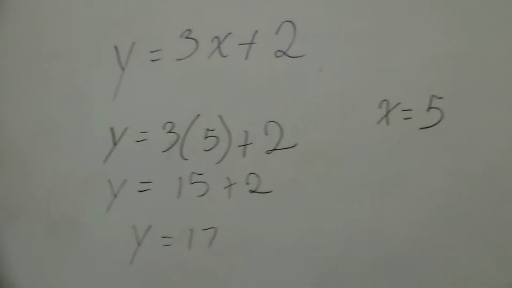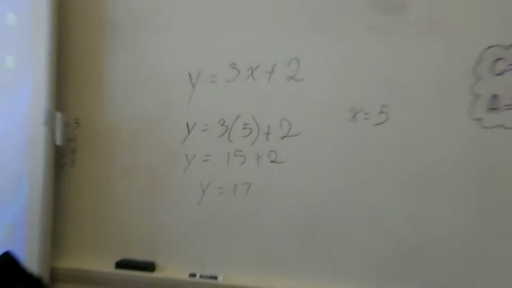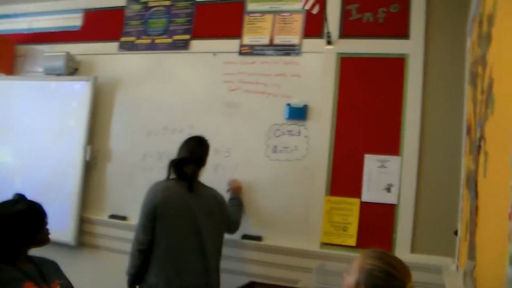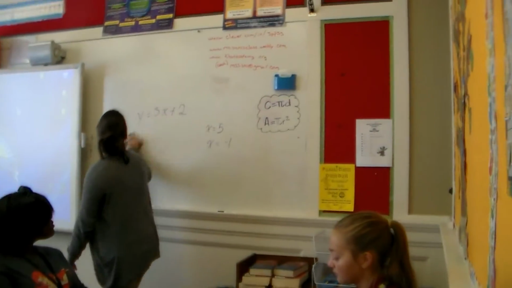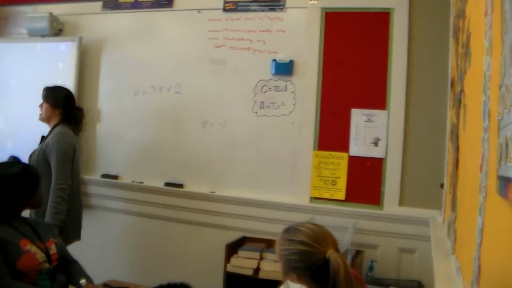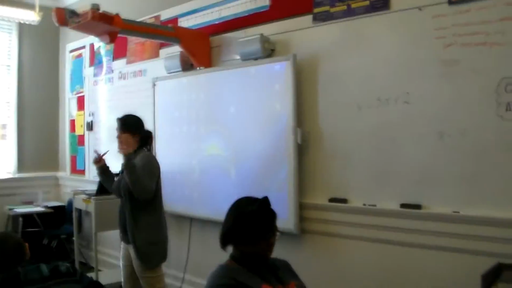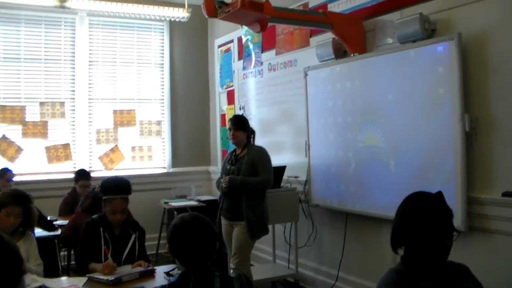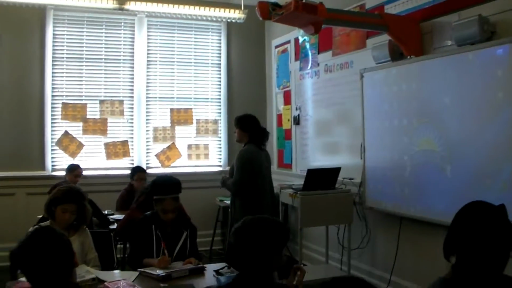What if I said this time, so you can erase it, x equals -1 instead? So are we going to change the method? No, we're still substituting, but this time, -1. When you're done, let me see red side.